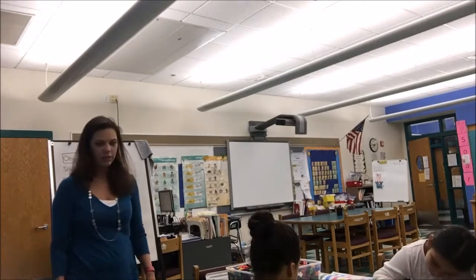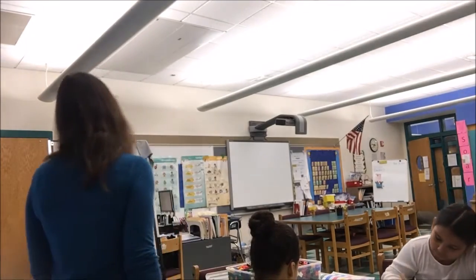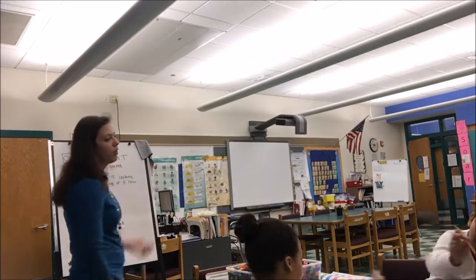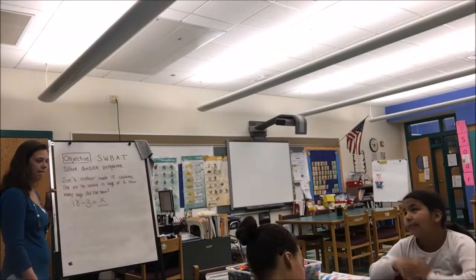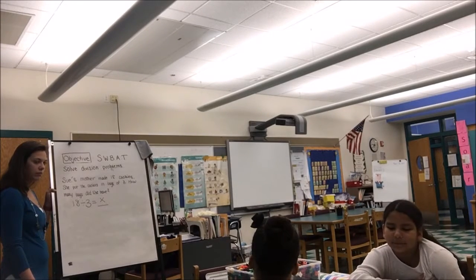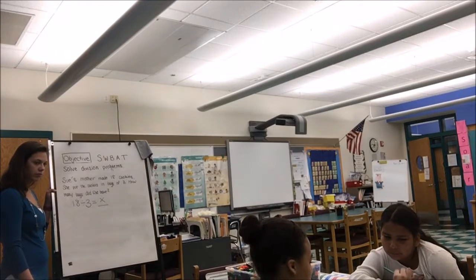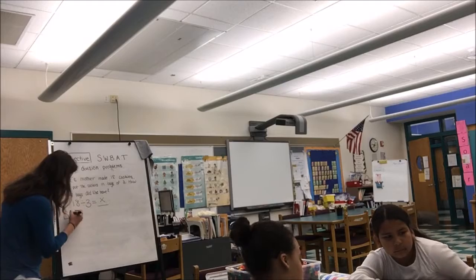Okay, Kaylee, so we were talking about different ways that we could solve the problem. So one way we talked about is that we can draw a picture. How can we draw a picture to represent this problem? What would I need? Yasmin, what would I need? This is 18. 18 boxes.